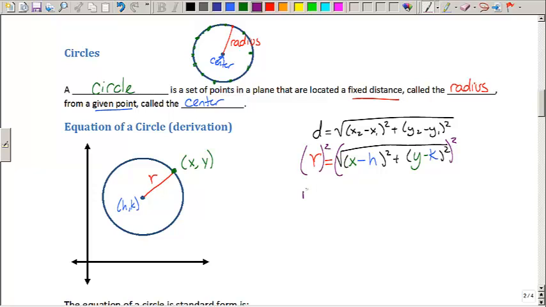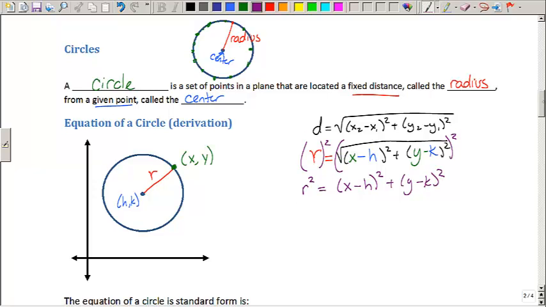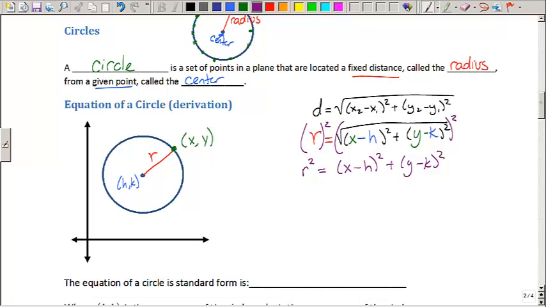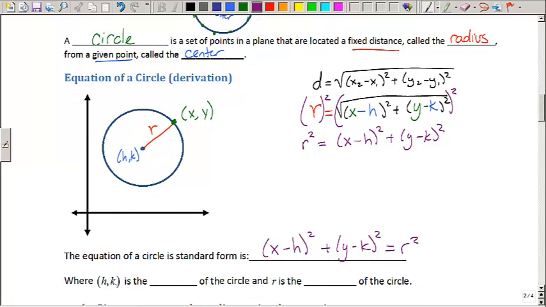So I'll get x minus h quantity squared plus y minus k quantity squared equals r squared. And this now is the equation of a circle in standard form: x minus h quantity squared plus y minus k quantity squared equals r squared, where h, k is the center of the circle and r is the radius of the circle.